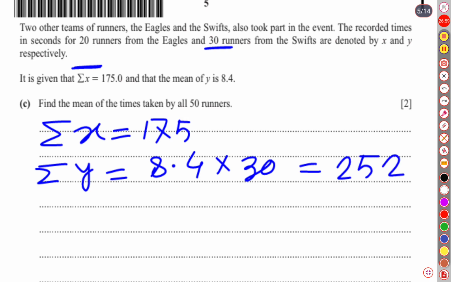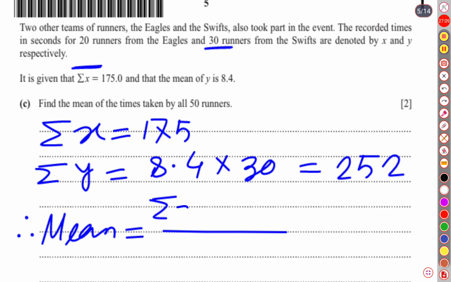Well, now we are going to find the mean. Hence our mean is going to be sum of X plus sum of Y, this is the way to find from coding data, over total number of runners, 20 plus 30 means 50.